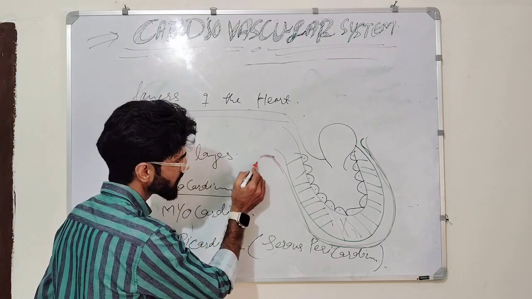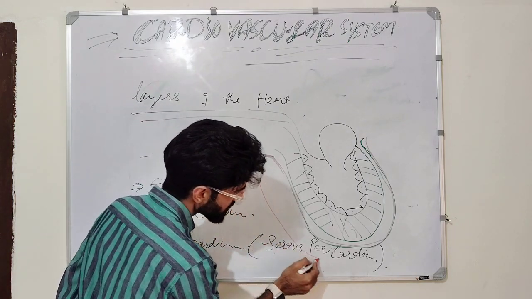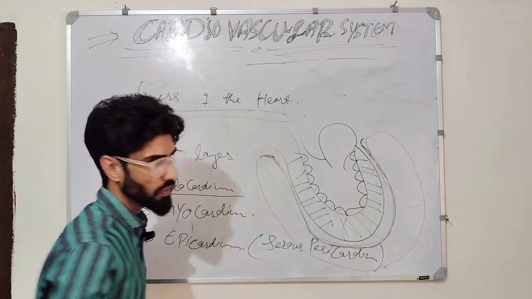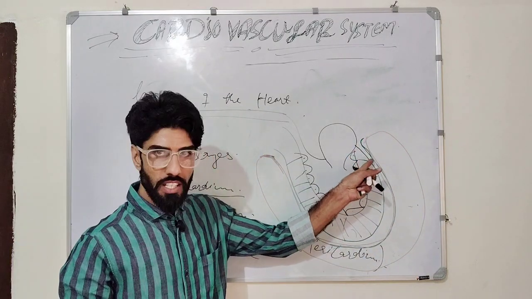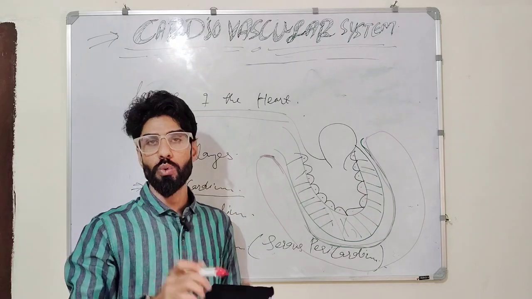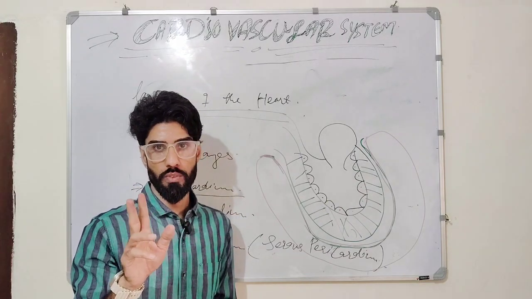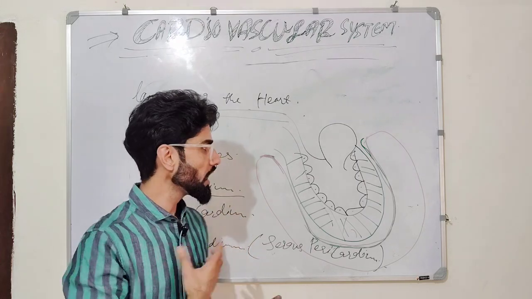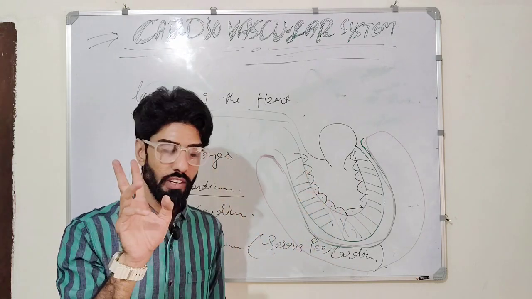Then there is the pericardium. The pericardium lies outside the heart, and it has two layers.